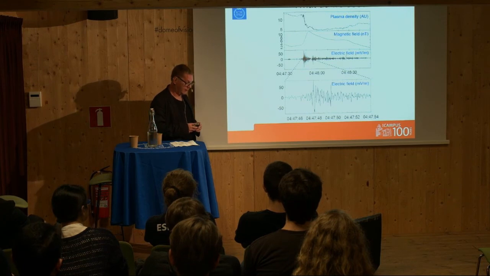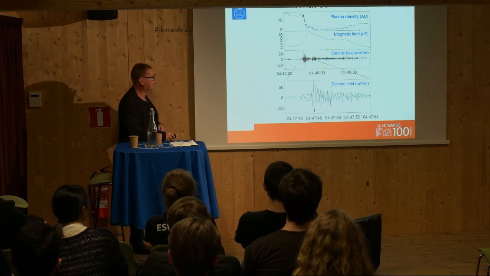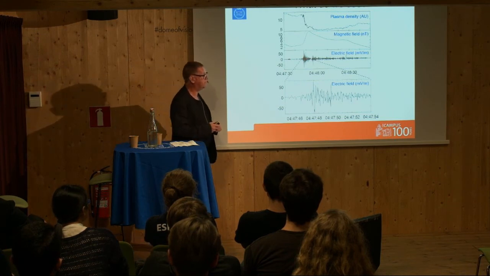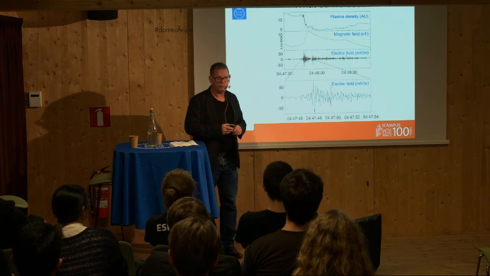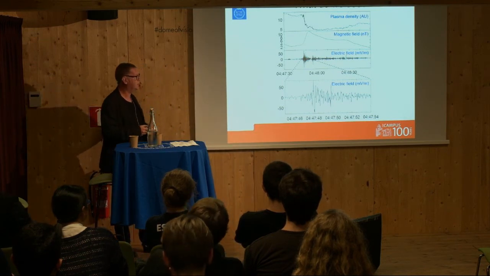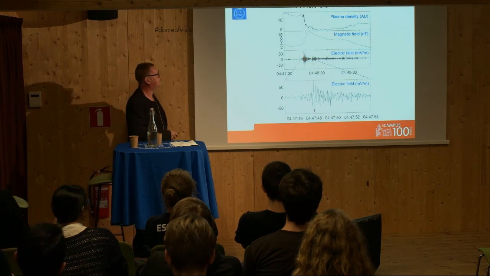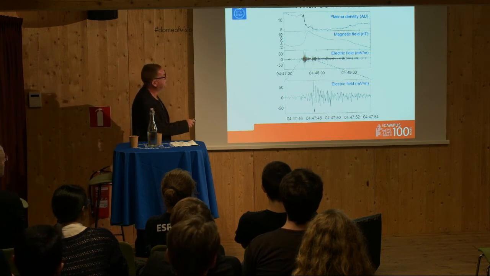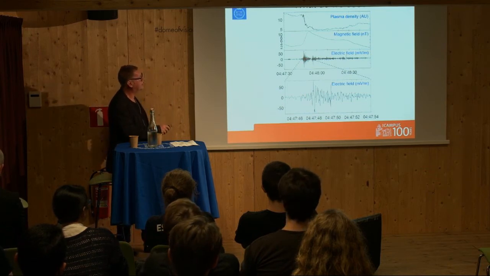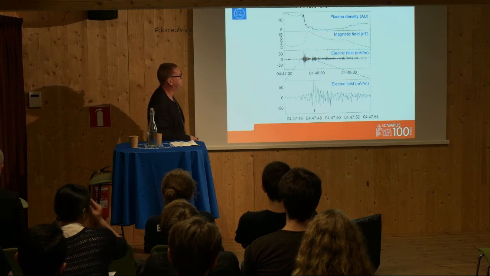When I had a look at these waves and analyzed them more closely, it turned out that these are probably, I think, something called lower hybrid waves, which are a certain type of waves that typically exist when we have large changes in the plasma density and also typically large changes in the magnetic field.